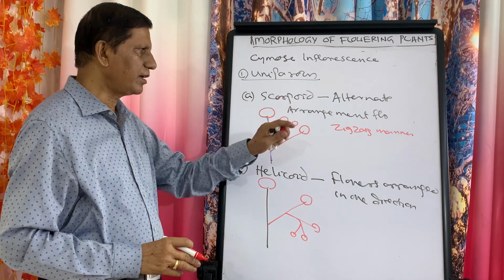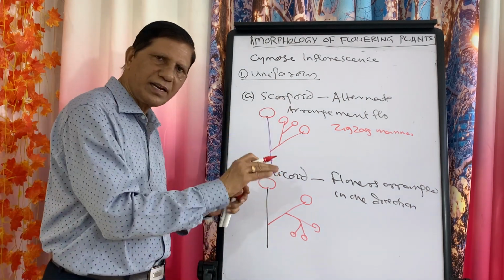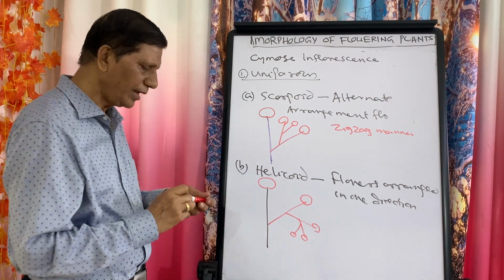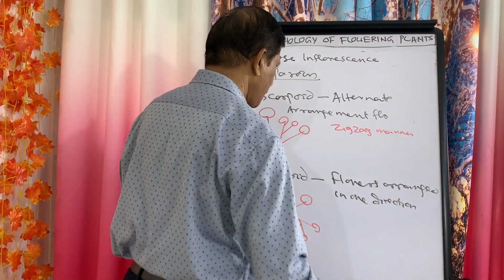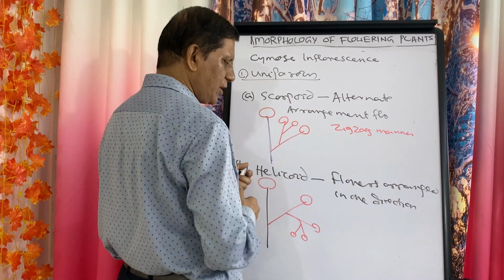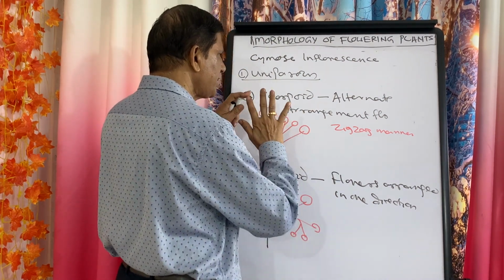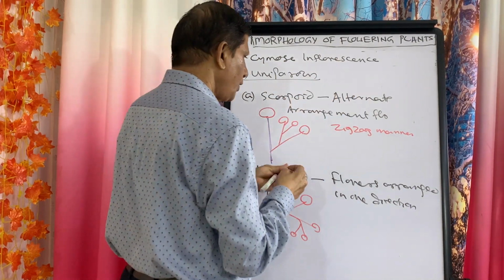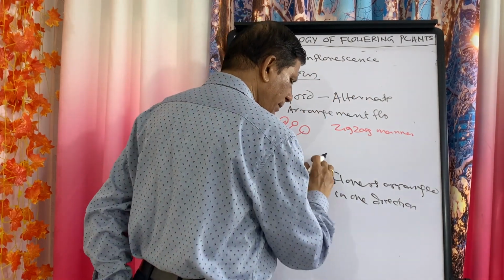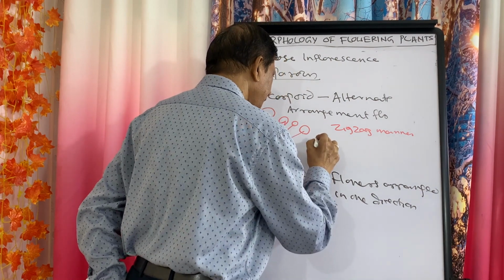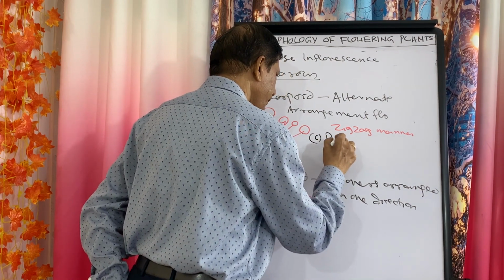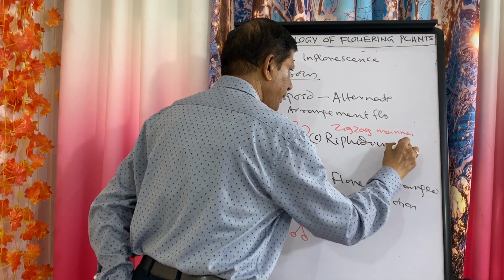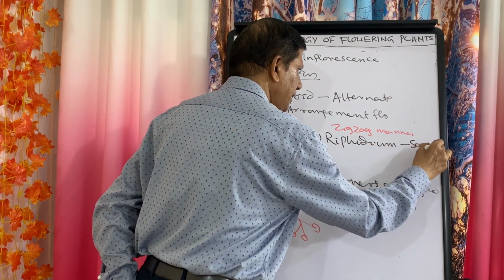Here there is the alternate or zigzag arrangement, but here all the flowers are arranged in one direction, either to the right or to the left. And another thing is, when the flowers are arranged, they may be in the same plane or they may be arranged in different planes. When they are present in the same plane, it is known as rhipidium. Rhipidium means they are present in the same plane.